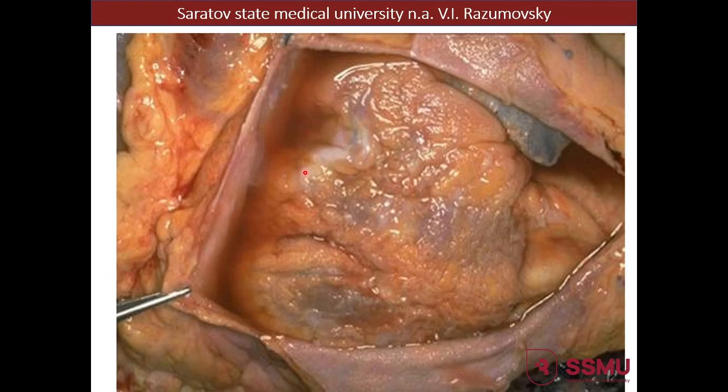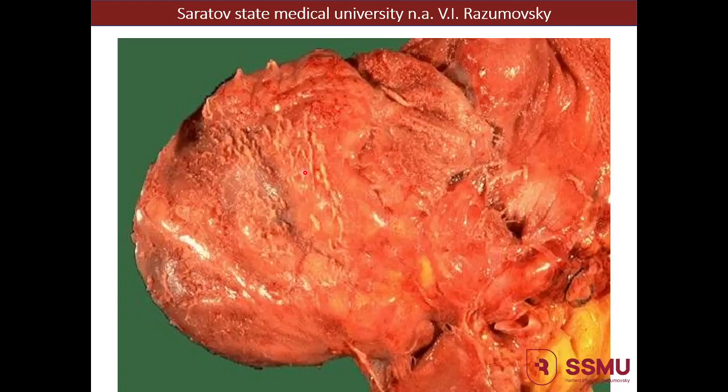So on this slide, we may see a fibrinous type of exudate and the formation of special fibrils on the surface of the heart. We may see these light or white lines here and here and here, and it's typical for fibrin transformation and formation of fibrin on the surface of the heart.